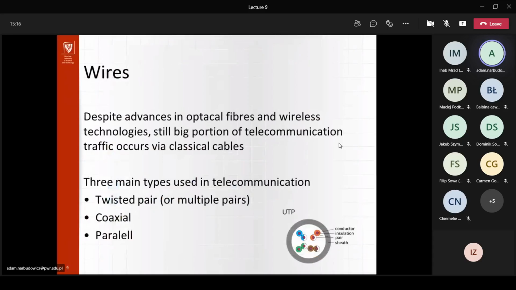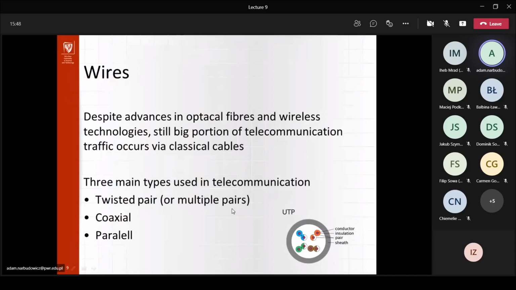Okay, so basically, just to remind, what I would like to focus on in this lecture is not necessarily the cable as such, but basically the electromagnetic fields around the cable, what happens around that, and what are the consequences. So, well, there are three different types of cables used in telecommunication.